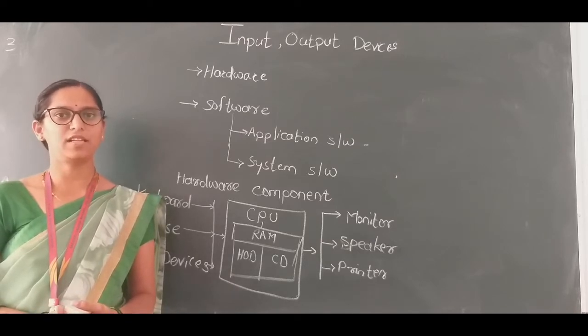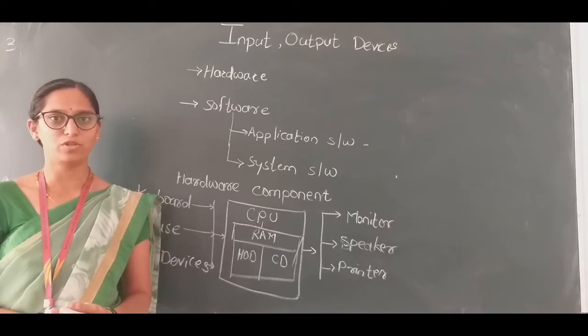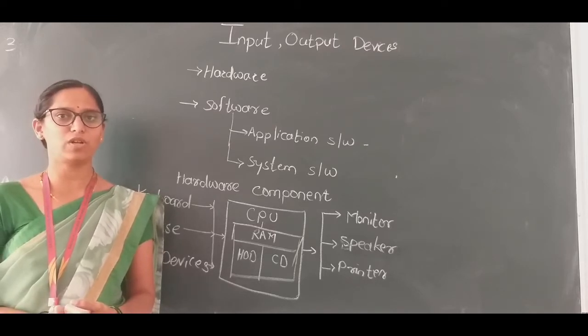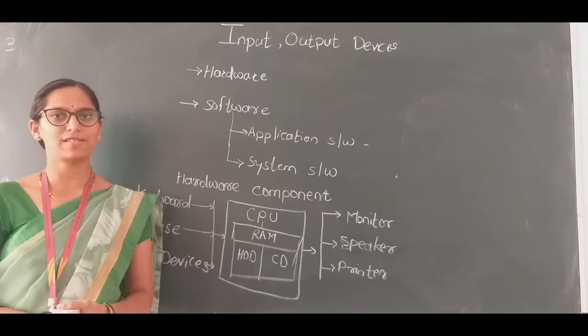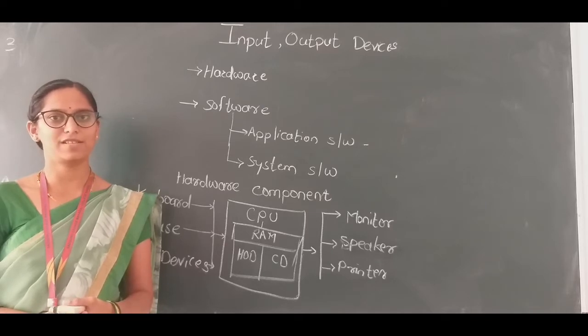Afterwards, after assigning inputs, the system can process them and generate the proper outputs. That output will be shown on different output devices like a monitor, printer, speaker, and any other output devices. Okay.